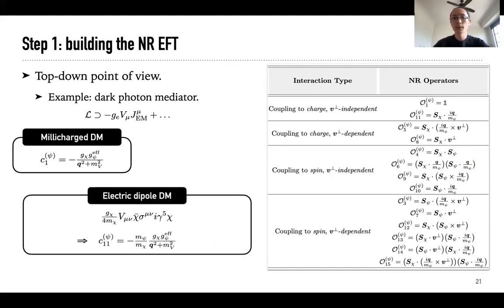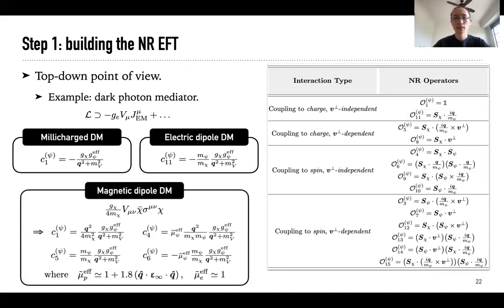But there are other possibilities. For example, we can have an electric dipole coupling between the dark matter and the dark photon. And here, as we work out the non-relativistic matching, we see that it's a different operator, O11, that's generated. And similarly, we can allow the dark matter to have a magnetic dipole moment under the dark photon. And also in this case, we have different operators generated.